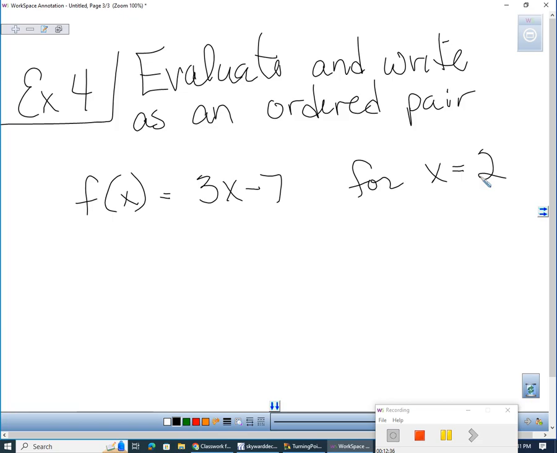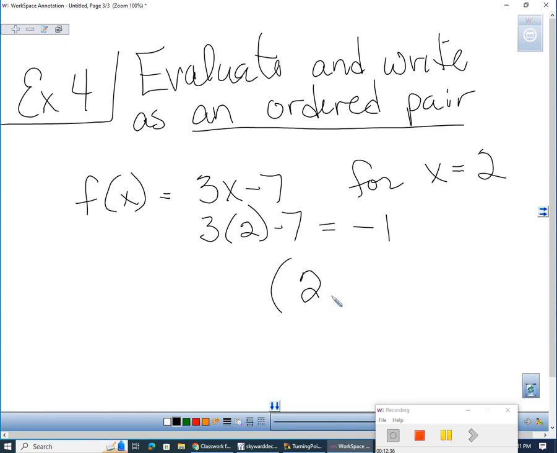This is y. So the only place I put that 2 in is for my x. So I would have 3 times 2 minus 7, which does equal negative 1. But it says to write as an ordered pair. This is my y value, right? So I have to write this as 2 comma negative 1.